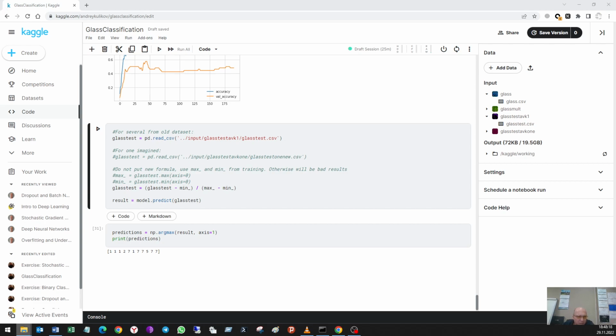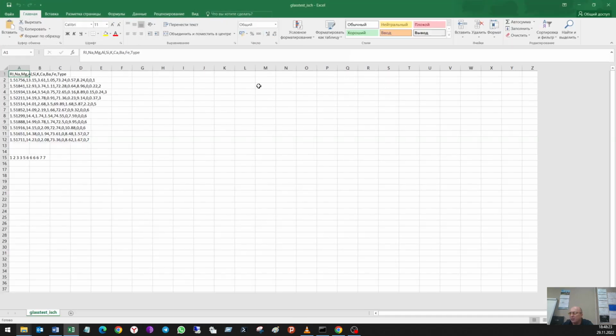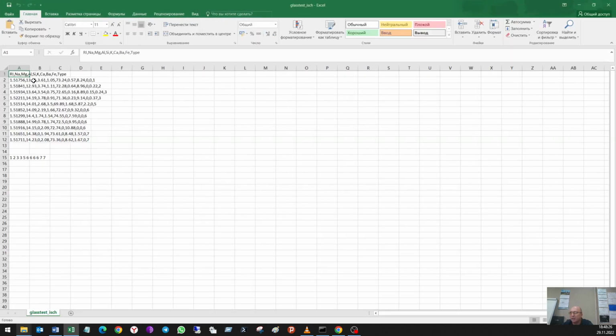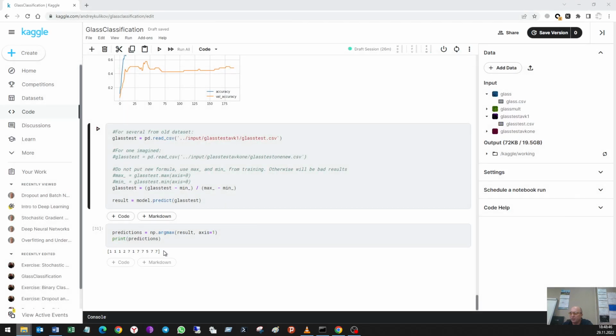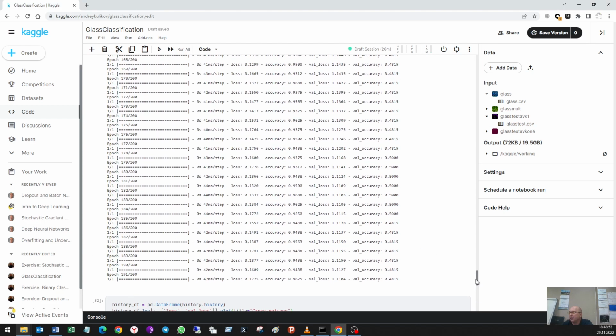A small data set of 11 parameters, and here are its targets: 1, 2, 3, 3, 5, 6, 6, 6, and 7, 7. I should get these numbers, but I got something different from the task. So why did it happen?